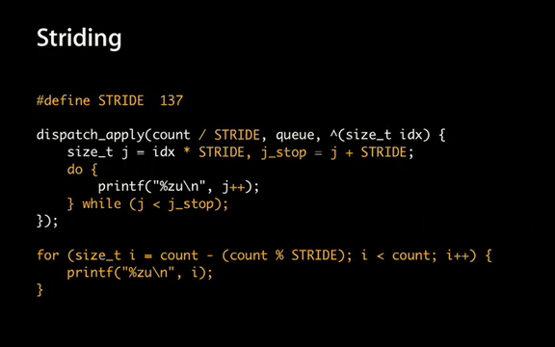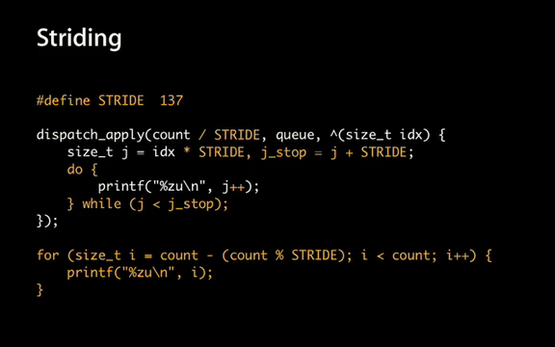This example is out of the dispatch apply man page, so you don't necessarily need to make the notes right now. But what we're going to do is take the count, divide by the stride, and then each block of the dispatch apply will then iterate on that stride individually, thus changing the ratio of dispatch apply scheduling work to actual real work that your code does.